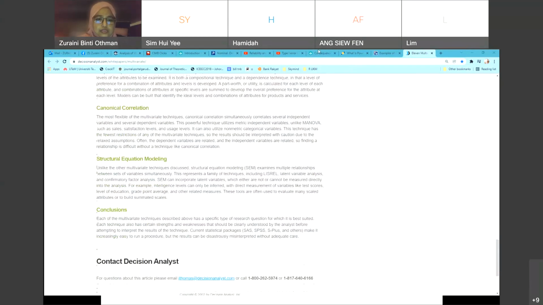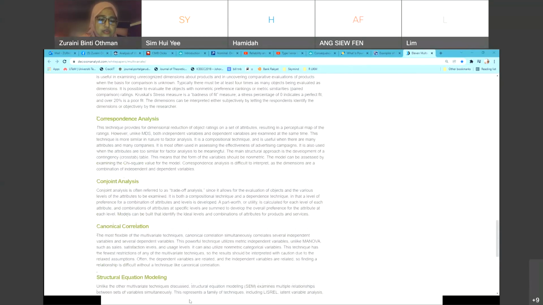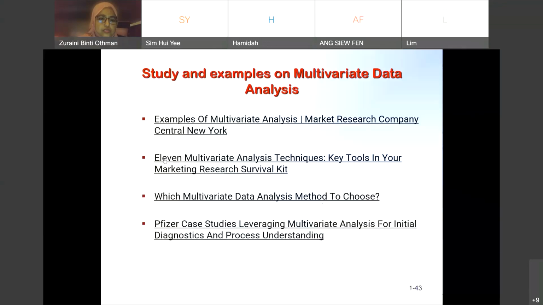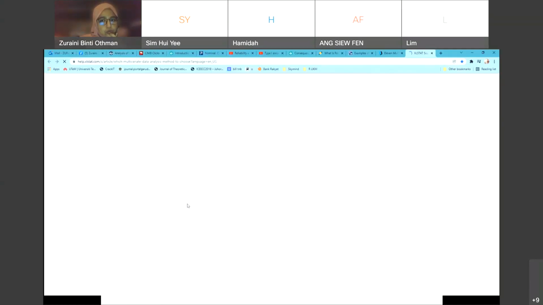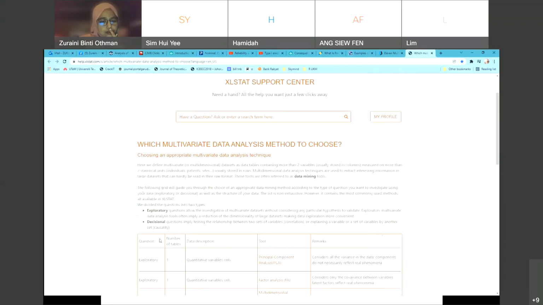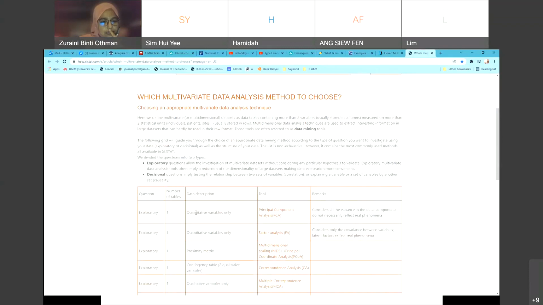Okay, this is from the 11 multivariate techniques. This shows which multivariate technique we want to use. This is an example from their findings: if our data is a quantitative variable only, and it is exploratory, we have to divide our question.